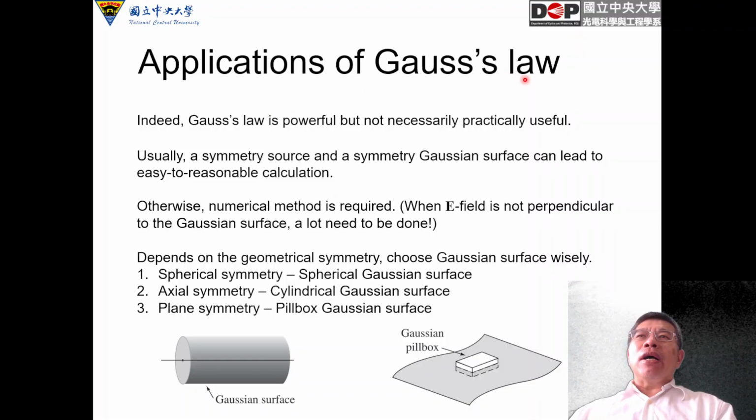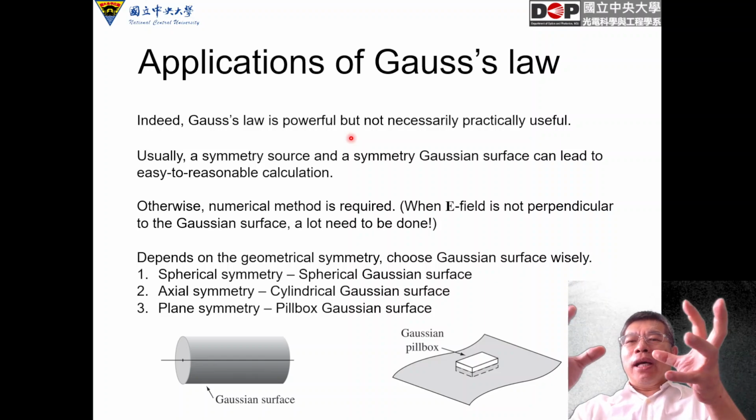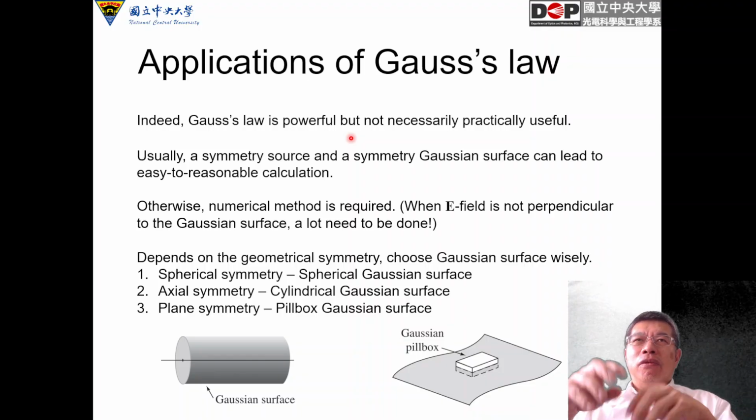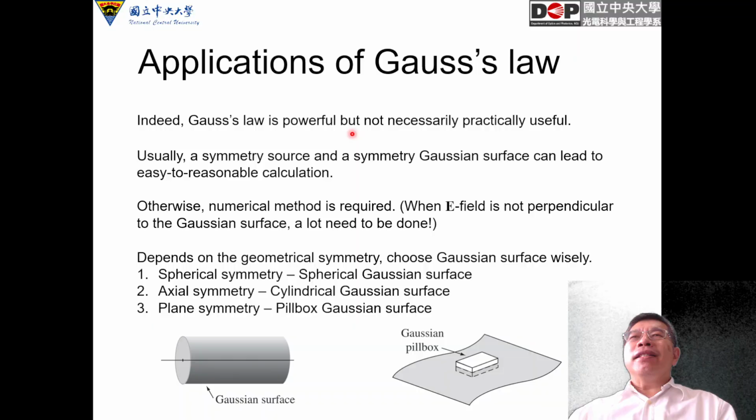So, the application of Gauss' law. Gauss' law is powerful, even though it is in a very general form: regardless of what shape you have, as long as you count the field lines, you know the charge in it. But it is not necessarily particularly useful. Usually, a symmetric source and a symmetric Gauss surface lead to reasonably easy calculation. So symmetric geometry is important.